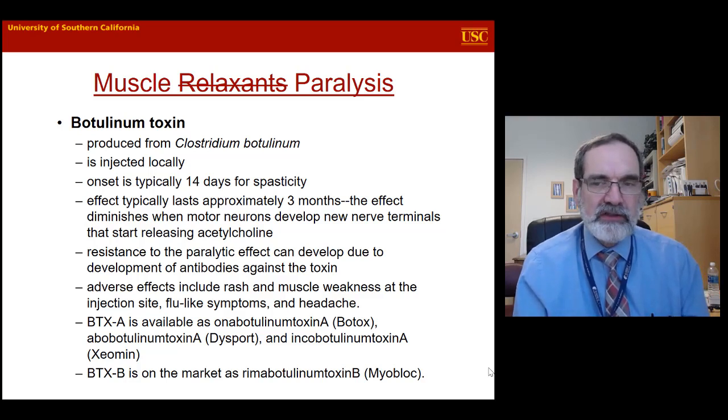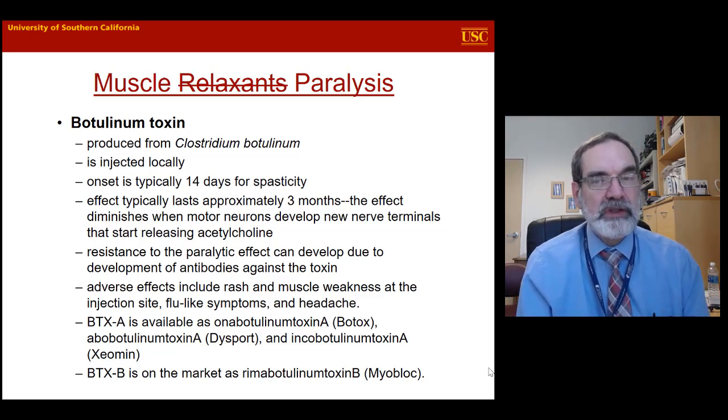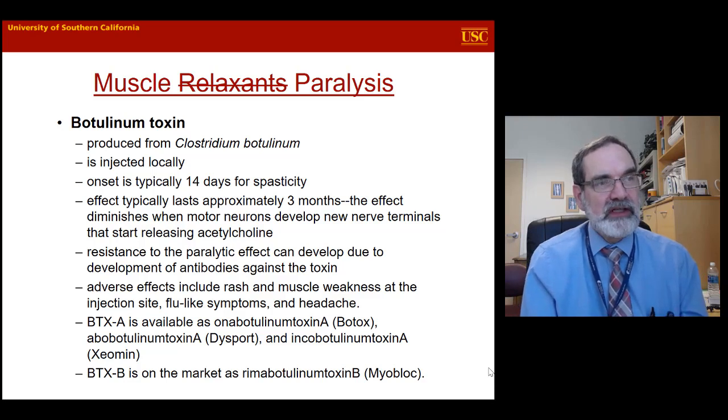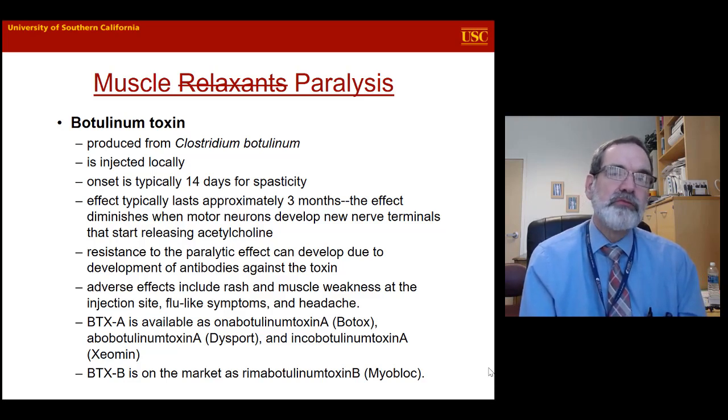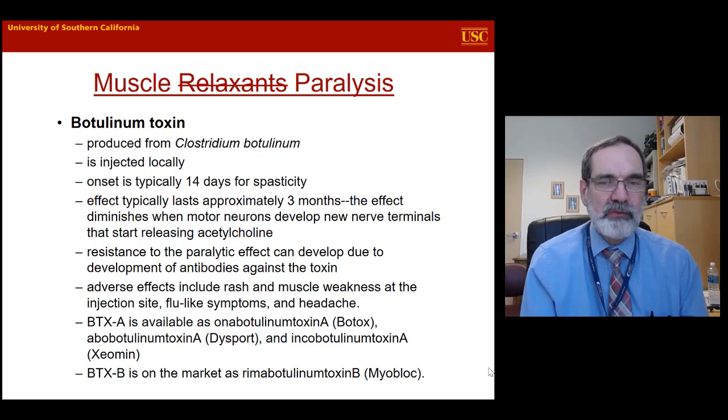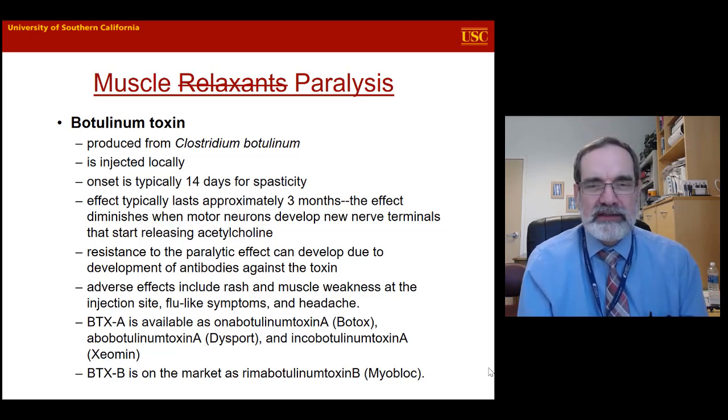You can get rashes. Of course, you can get muscle weakness, so one has to be very careful because too much weakness can cause new or greater mechanical problems. Flu-like symptoms and headaches are not unusual after treatment with botulinum toxin.